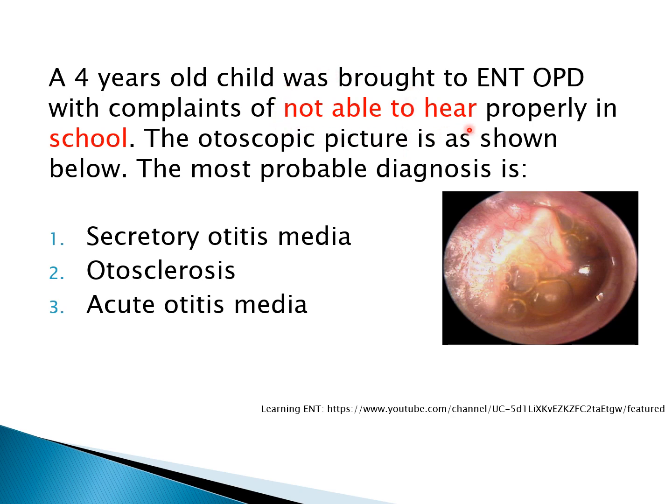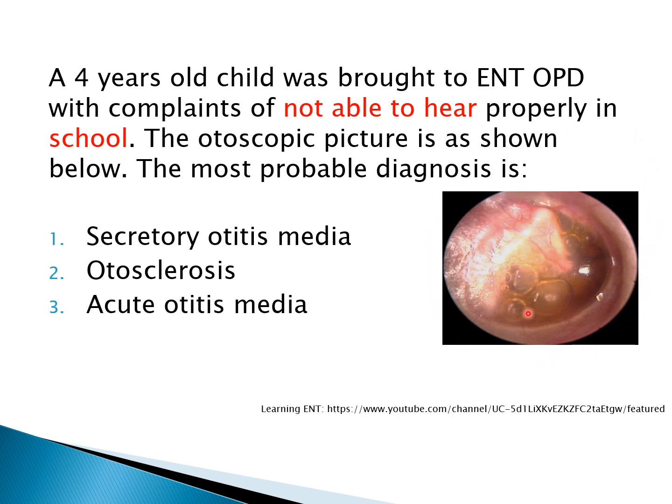That is, presenting complaint is decreased hearing, and the patient is a school going child. So as I told you, this school word should give us a hint that this is secretory otitis media. And further, to add to our diagnosis, they have given the figure of the tympanic membrane of that patient.